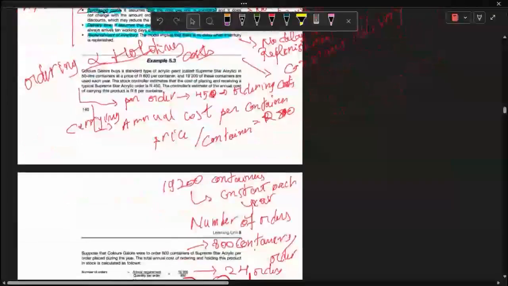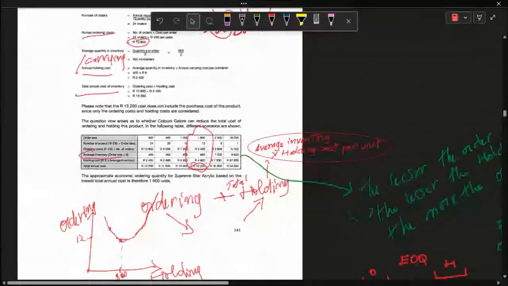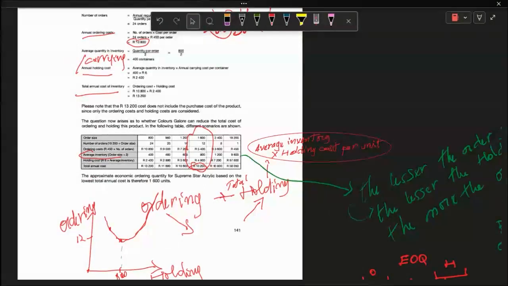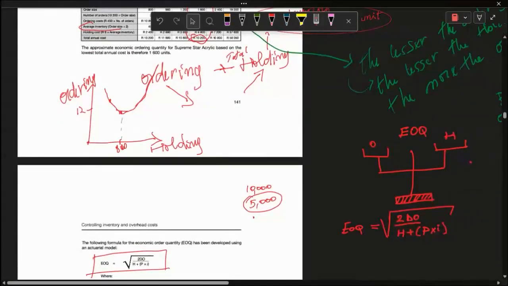I want you to look at this table. The reason they provided it is they want you to understand that it will make sense to order and hold enough quantity of a particular product, because you need to balance the ordering cost and the holding cost. That's basically what it's all about.